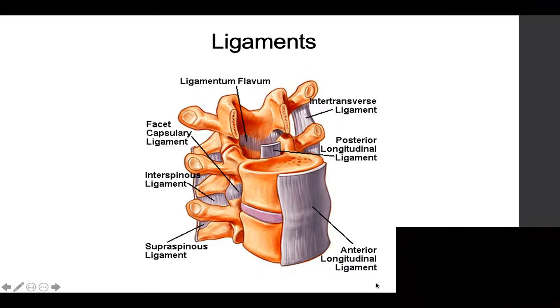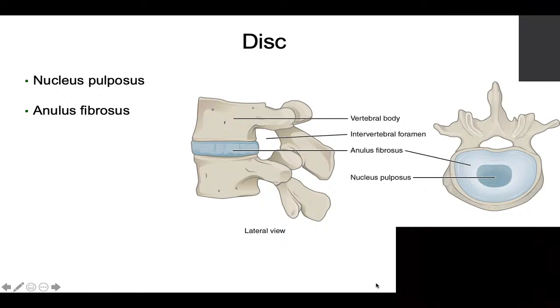So you have ligaments covering the entire anterior side, you have ligaments going down the tips of your spinous processes, you have ligaments going in between all your spinous transverse processes, and you even have ligaments kind of inside that vertebral foramen or your spinal canal. So these ligaments are what are going to be injured if you have a sprain in your spine, or like what happens in whiplash. So you don't need to have any of these memorized, but just know that there are ligaments.